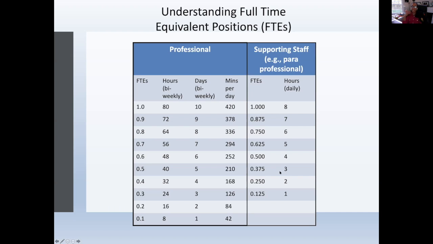So if I am a paraeducator and I'm full-time, I am 8 hours in this one building. I can be a full-time paraeducator though, and be assigned 0.5 in building A and 0.5 in building B, and that gives me 4 hours in each building. And again, you've got to figure out, well, where's my travel time? How does that work? There's a little negotiation there.